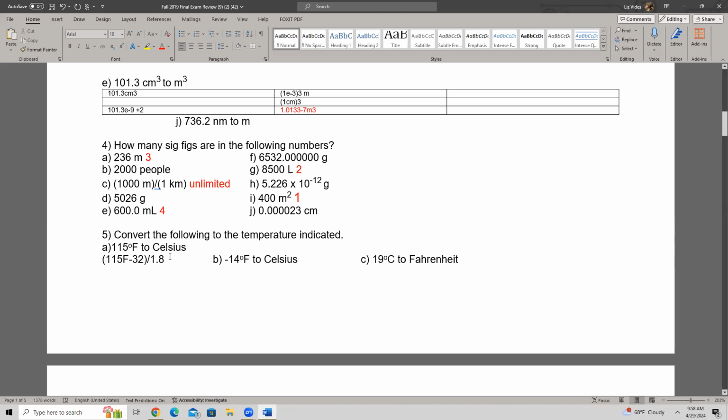And that's going to give us the answer in Celsius. Oops, sorry, in Celsius. So that is 115 minus 32 divided by 1.8 equals 46.11. And that makes sense because Celsius is always lower. So if something doesn't look right, it's probably because it's not.